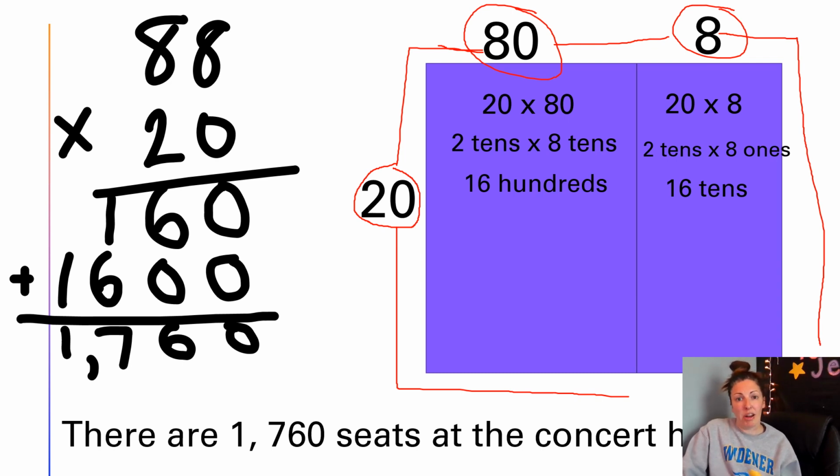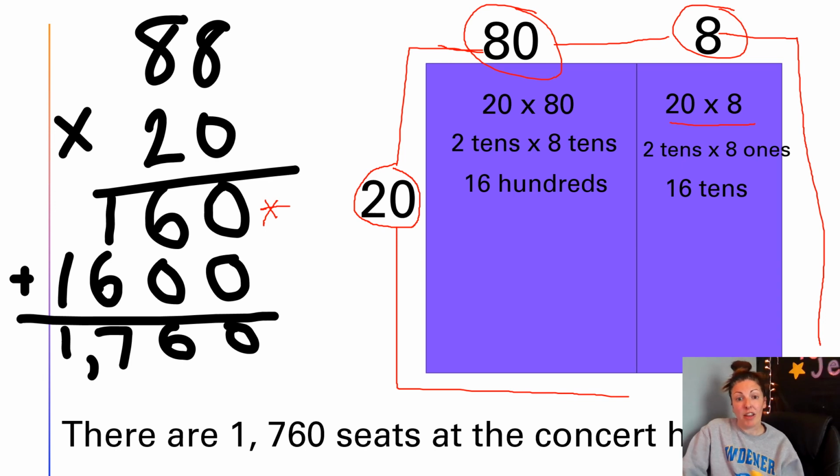So now inside my area model, just like we did last week, I'm just going to take my 20 times my 8, and I'm going to do all my work for that right here in my right-hand box. So my 2 10s times my 8 1s gives me 16 10s, or 2 times 8 is 16 with 1 zero, and I put it right here as my partial product, 160.